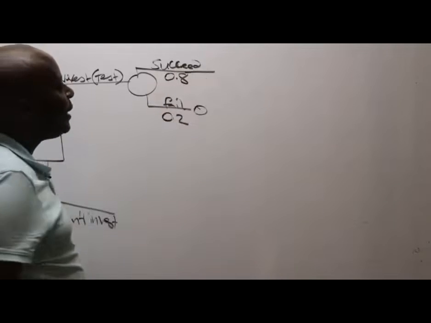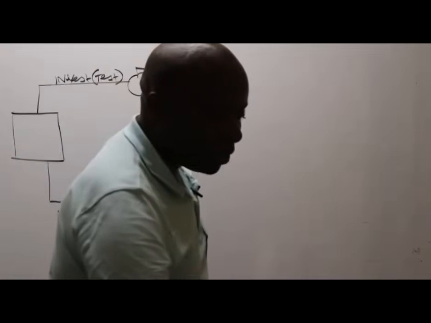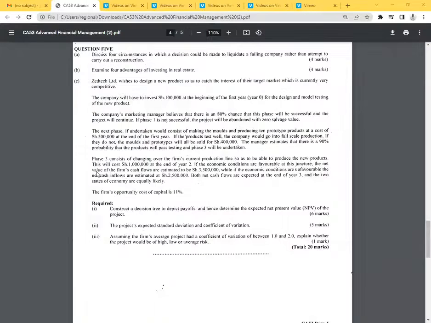Now, if we succeed, what have they told us? Look at this. They've told us the next phase, if undertaken now, would consist of making the molds and producing 10 prototype products at a cost of 500,000 at the end of the first year.